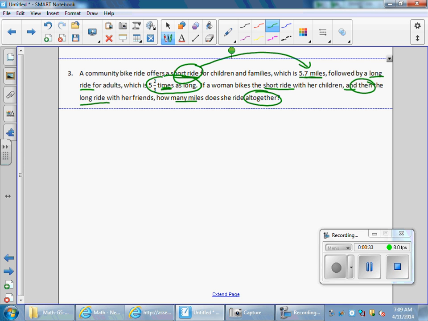All right, so she does the short ride, which is 5.7. That's the short ride.